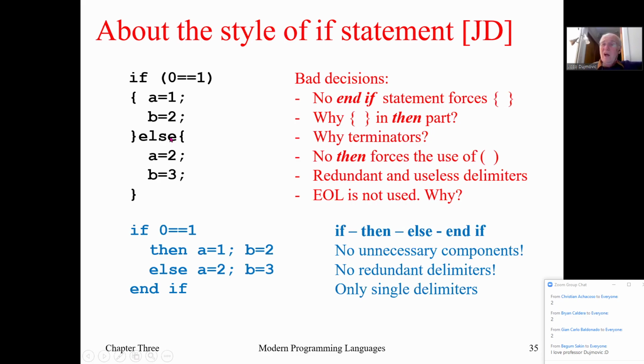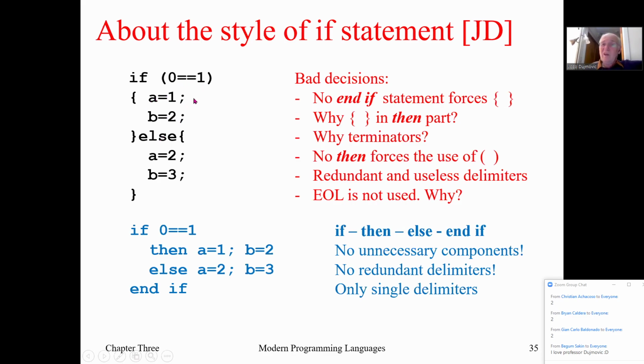Then the other terrible decision was not to use the keyword then. So it was necessary to use else. So what is difficult about using then? If something, then something else, something, that's English. Why not use then? But they decided not to use then. So what happened after that? If you don't have then here, then you have somehow to separate this 0 equals 1 and this else.